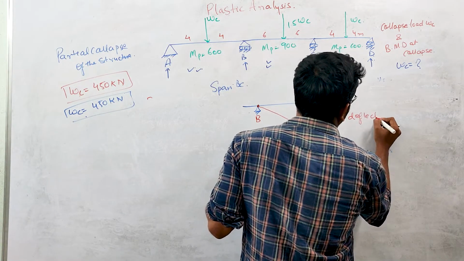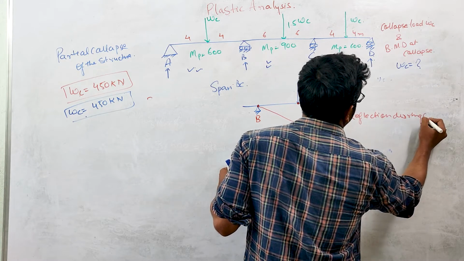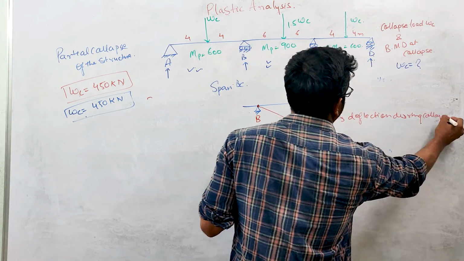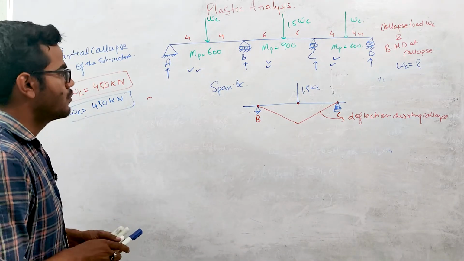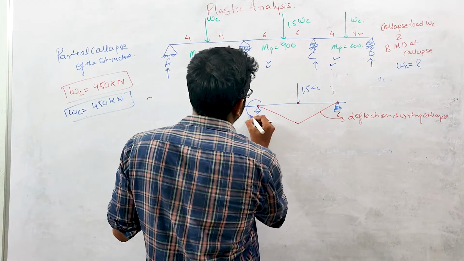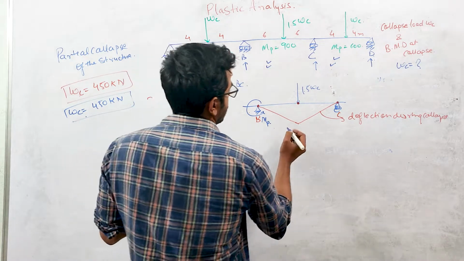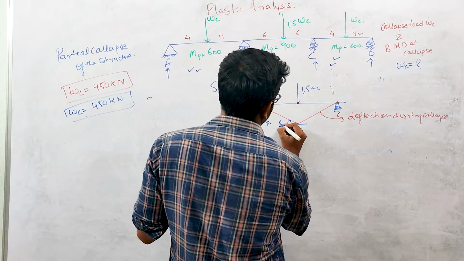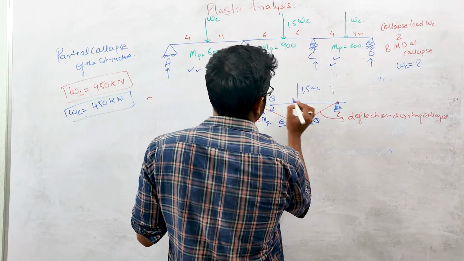This is the deflection during collapse. At this point, again, this will be MP. This is theta. This is again theta. This will be theta.